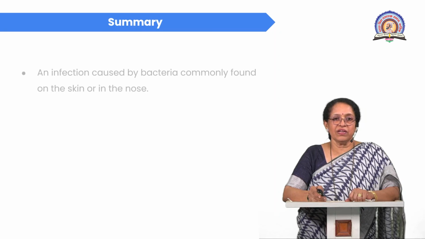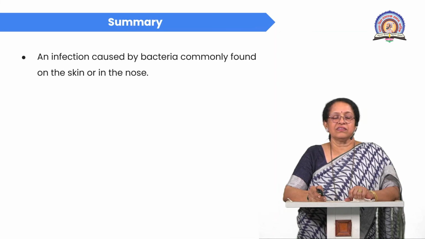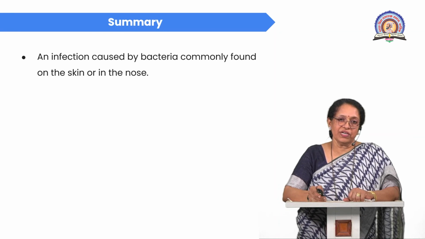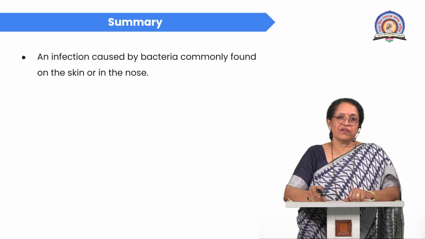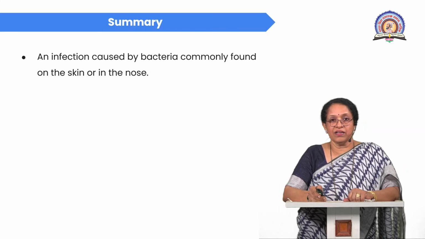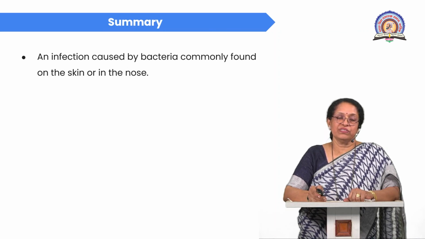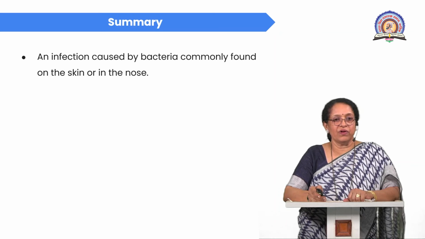So we can summarize, that is, all staphylococcal infections are majority of the times caused by Staphylococcus aureus and not by Staphylococcus epidermidis and Staphylococcus saprophyticus, but coagulase positive Staphylococcus aureus.